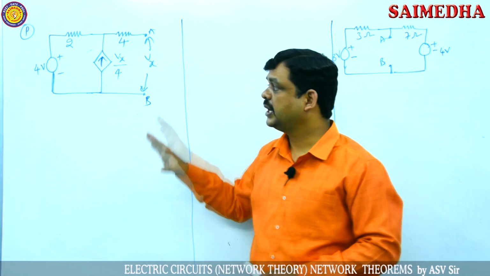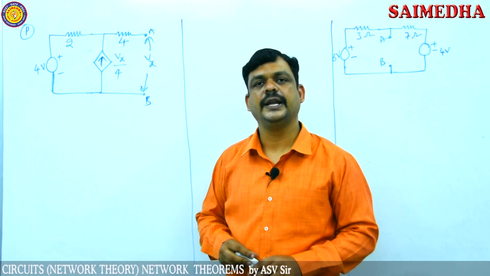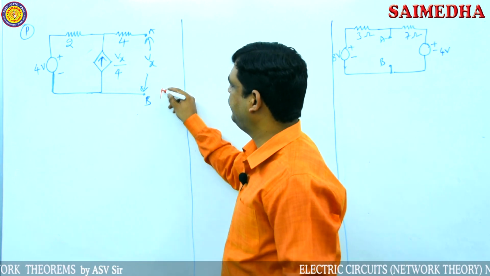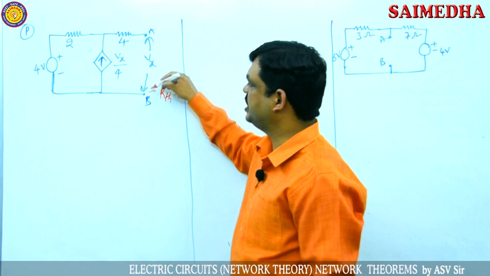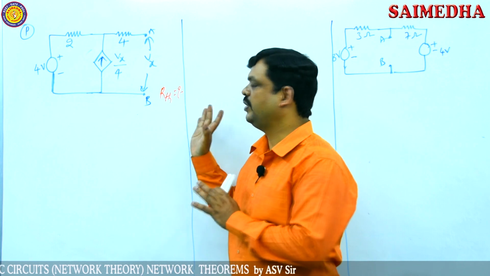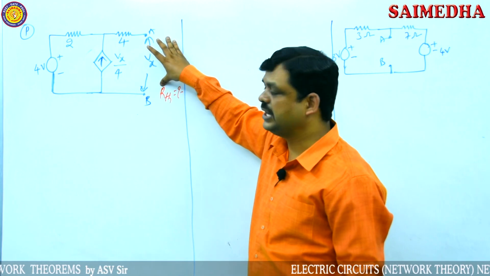Or the simple question is like this: find RThevenin, the equivalent resistance between the A and B terminals. So now I just want to find RThevenin for the given network.